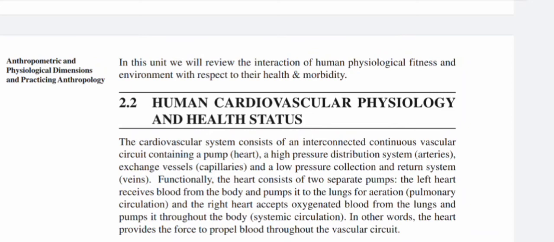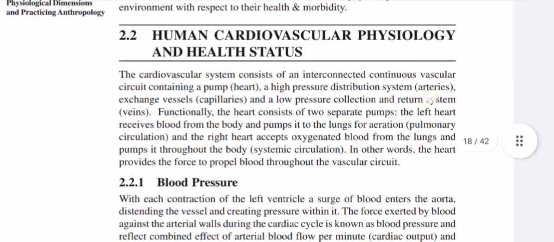The left heart receives blood from the body and pumps it to the lungs for aeration, pulmonary circulation, and the right heart accepts oxygenated blood from the lungs and pumps it throughout the body, systemic circulation. In other words, the heart provides the force to propel blood throughout the vascular circuit.